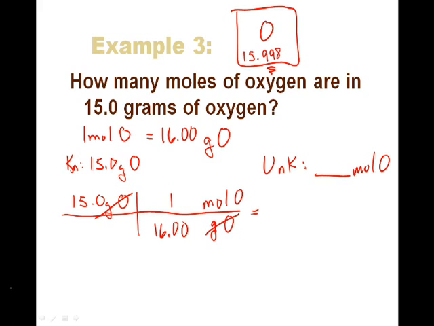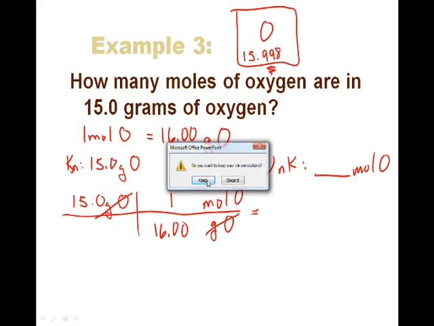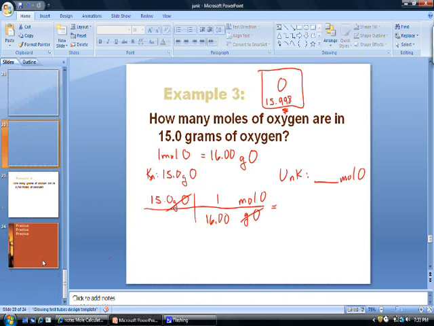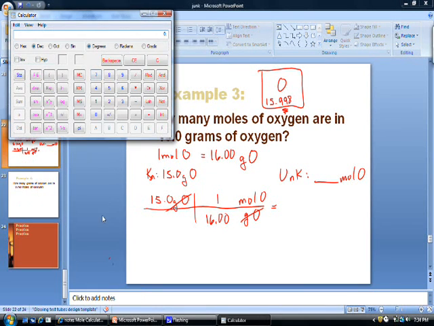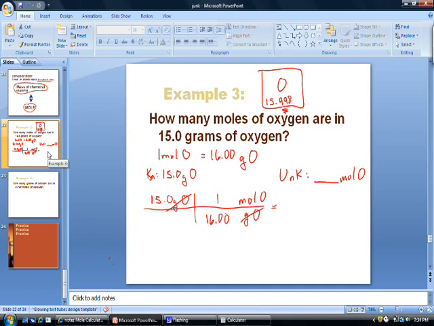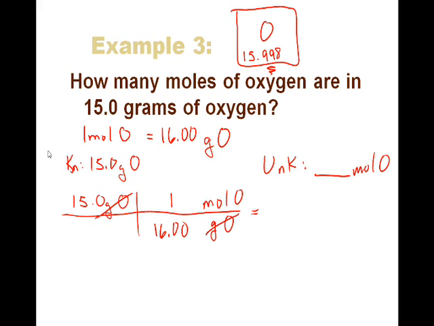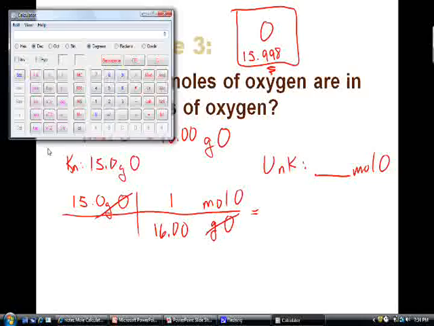We're going to experience technical difficulties here for just a moment, but I am going to get my calculator to come up. There it is. So now let's go back to the problem we were working on and find that calculator, that pesky thing. There it is.